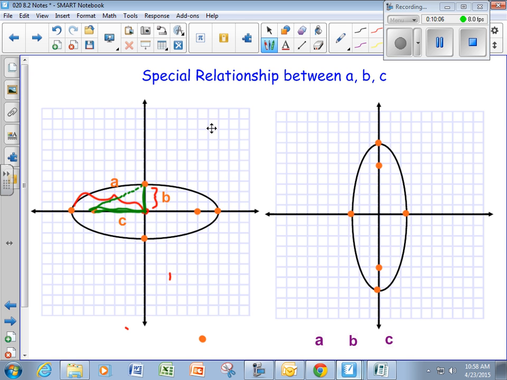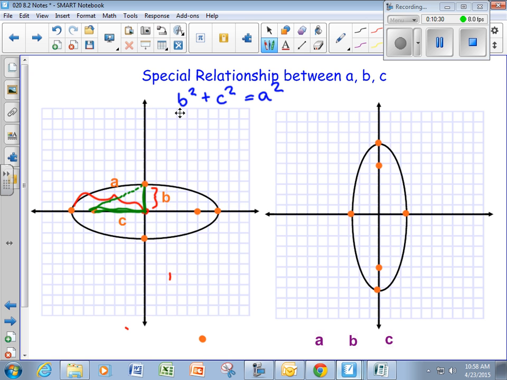So the special relationship between a, b, and c, to help you understand how these distances connect to each other, is b squared plus c squared is equal to our a squared. It is a Pythagorean relationship, but it is backwards and a little different than the Pythagorean relationship you are used to.